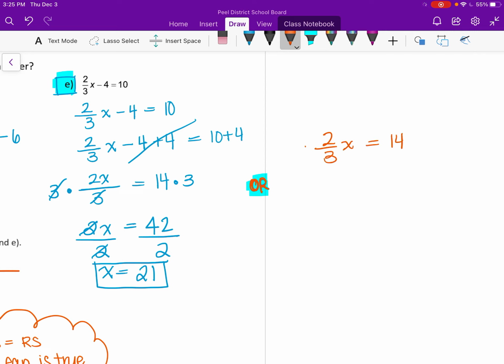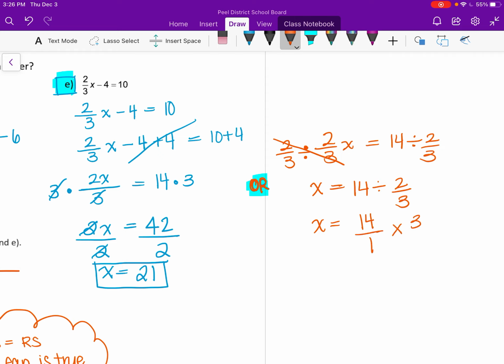And what you could have done is you could have done divided by 2 over 3, right? Divided by 2 over 3. And then these two would have canceled each other out, so I wouldn't have had to worry about that. And it would have been x is equal to 14 divided by 2 over 3. When you divide fractions, you do keep, change, flip. So I'm just going to leave it as 14 over 1.